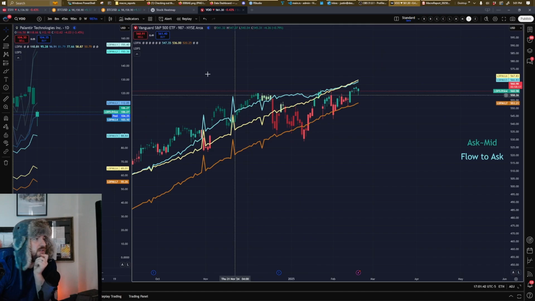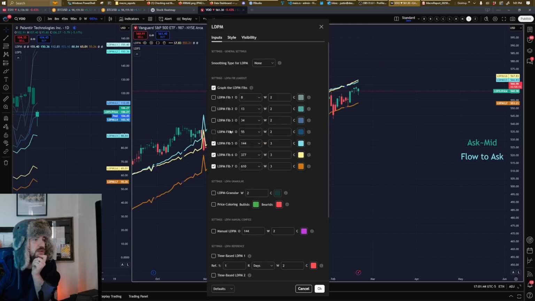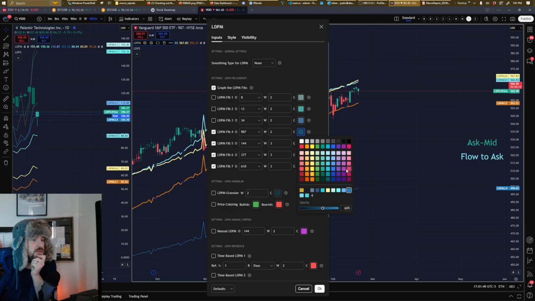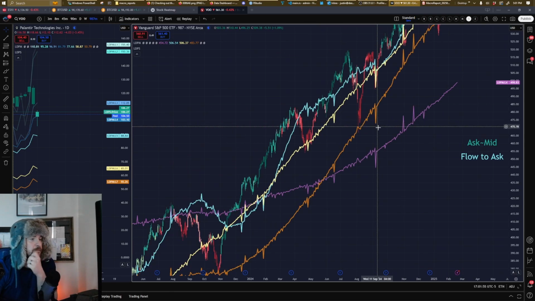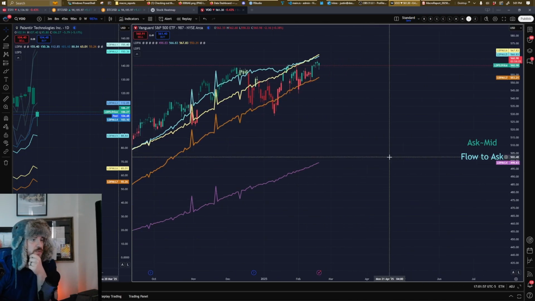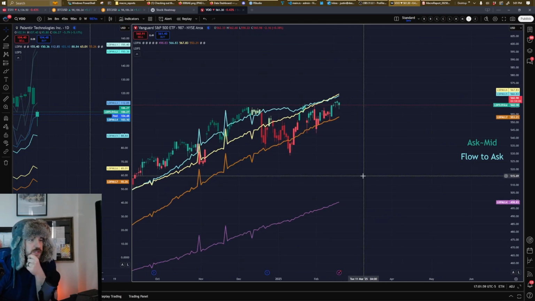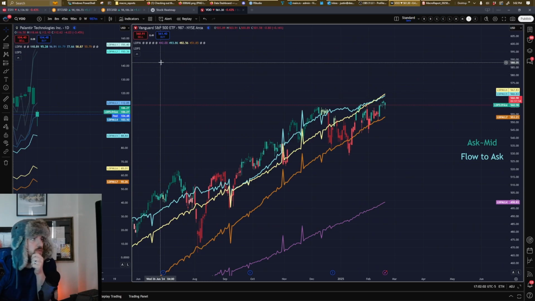Last time it almost broke through. Let's put LDPM 55 up as LDPM 987. Let's make it a nice purple. So it looks like we don't actually have to worry about 987, at least for now.